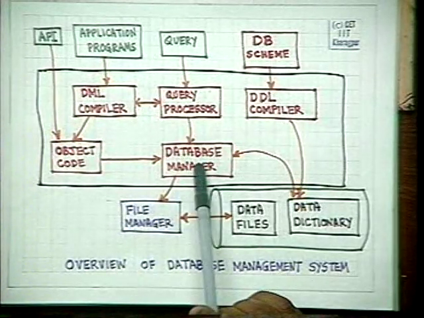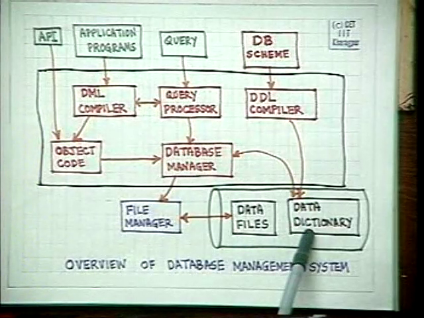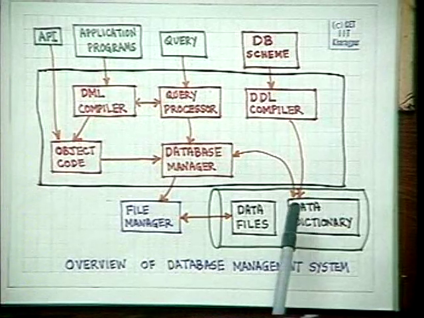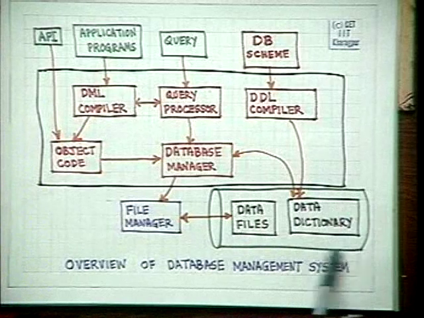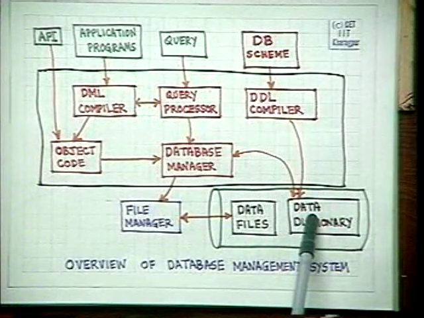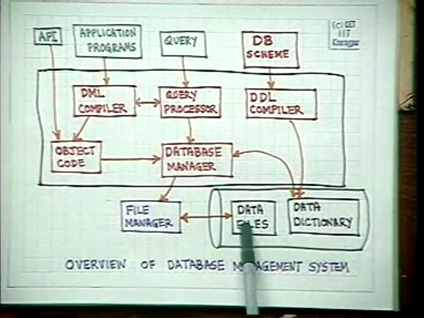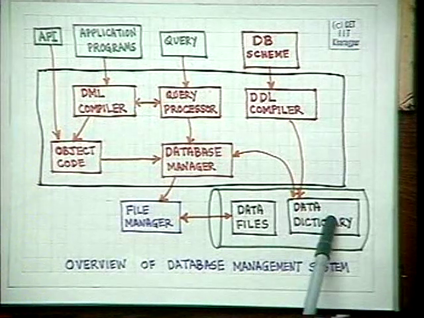Now the database manager will look up the data dictionary, find out what are the detailed structures stored in the disk. This is the disk, and what is the structure stored in the disk? The data is stored in data files and the structure is stored in the data dictionary.